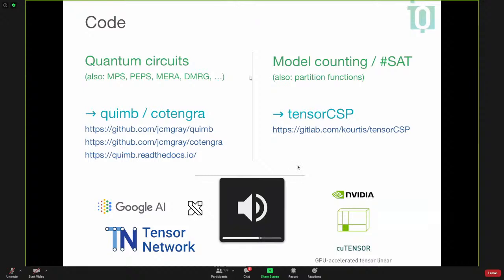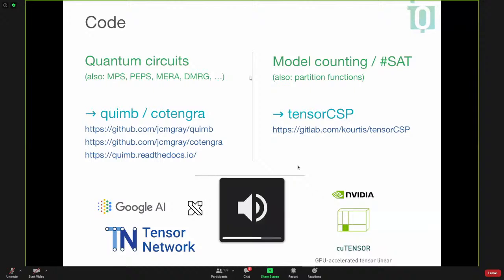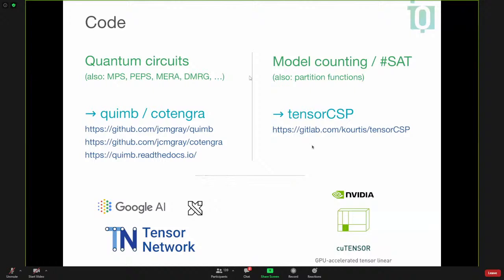Is there a difference between the tensors you describe and the tensors we describe in mathematics? No, not really. I think it is the same thing. The only crucial distinction here is that we always talk about tensors with finite and discrete dimensions.